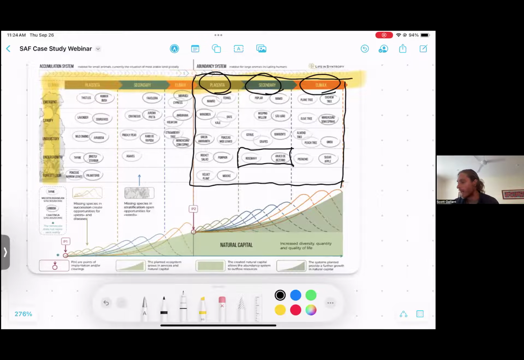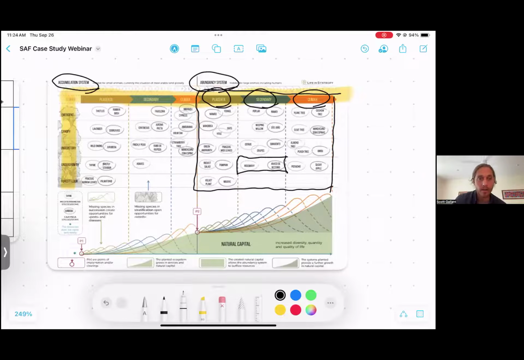Now, this whole diagram is divided into two systems, something called an accumulation system and another called an abundance system. Just to explain this quickly, the accumulation system refers to what we might plant in an environment that's heavily degraded. If we look at the individual plants in the abundance system, they're mostly food-producing plants.